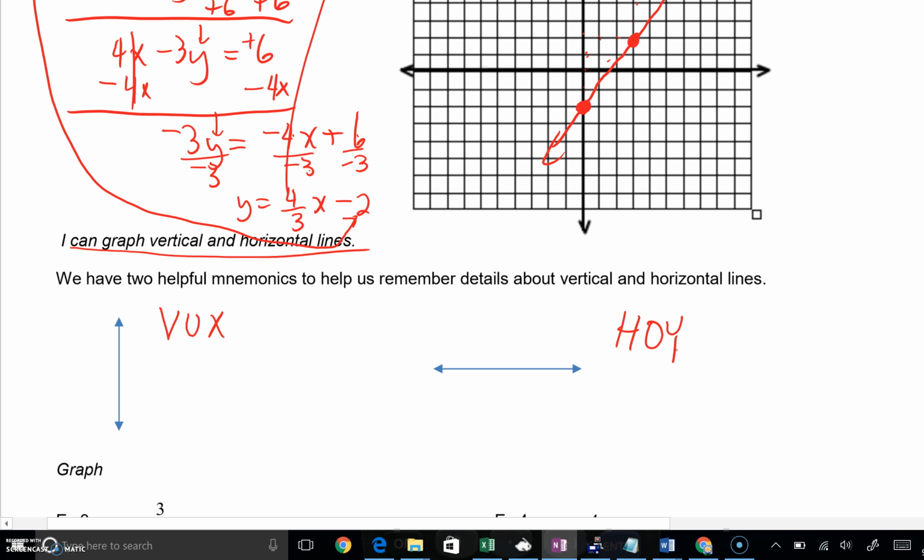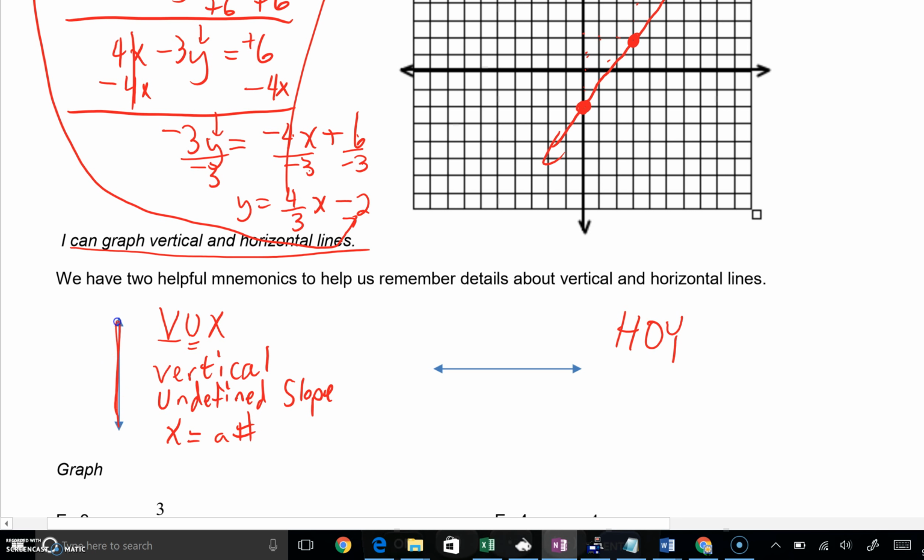Over here we have Hoy. And V is indicative of a vertical line. The U means we have undefined slope. And the X means we have X equals a number for the equation of the line.